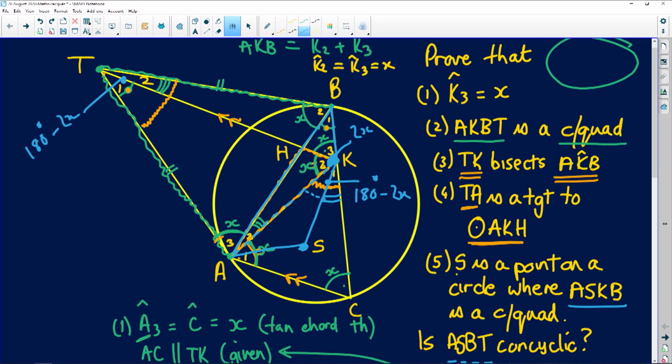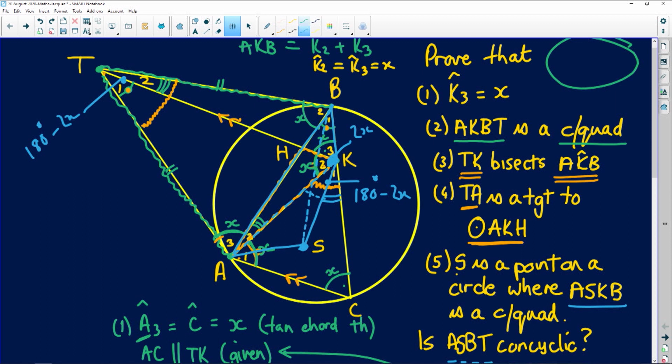Okay, we're wanting to see, is ASBT a cyclic quad? So I'm going to draw this line in another color. ASBT. There we go.